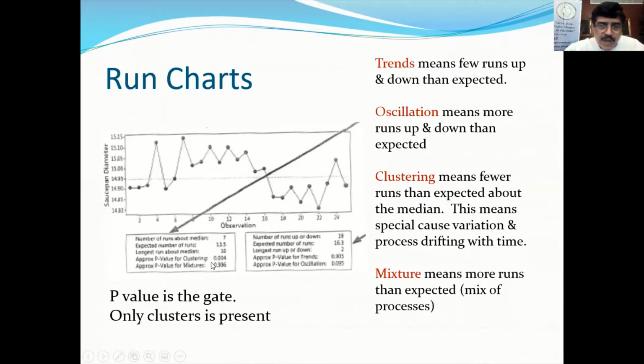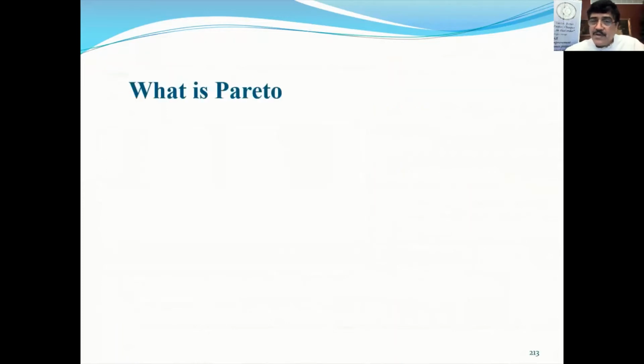This is more than 0.05, so there is no mixture. It's only clustering that's there. So that's the way you actually look at the data. It's very important. It tells you: do I have a trend? Do I have isolation? You need to look for causes of why things are going like this.